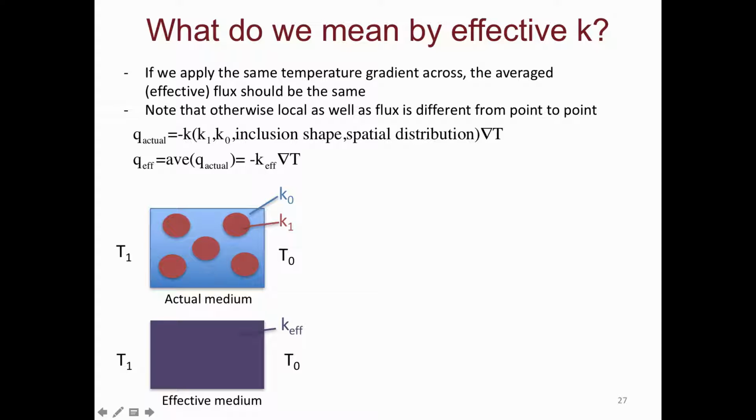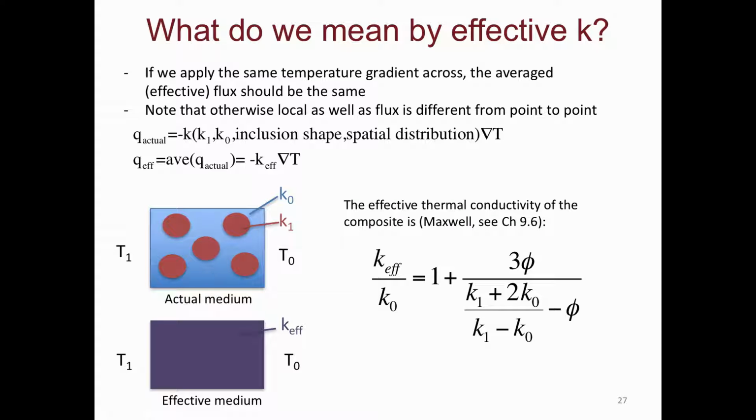However, effectively, we simply measure what we see on the outside, assuming I averaged a large enough sample to be representative of the medium. So there is actually a Maxwell's derivation for the effective thermal conductivity of a composite, which is compared to this K0. K0 again is the matrix surrounding the inclusions. Then it's a function of K0, K1, and the fraction.